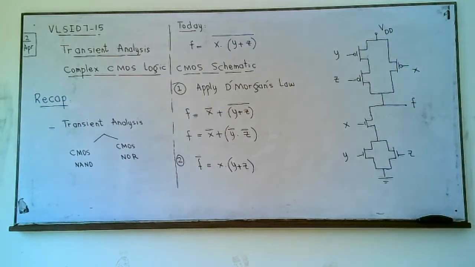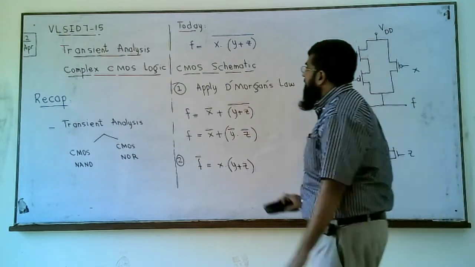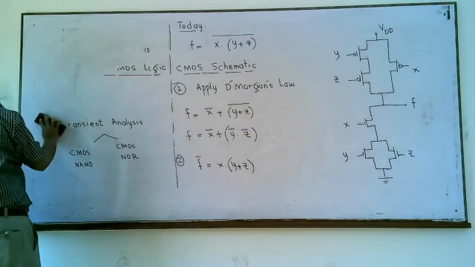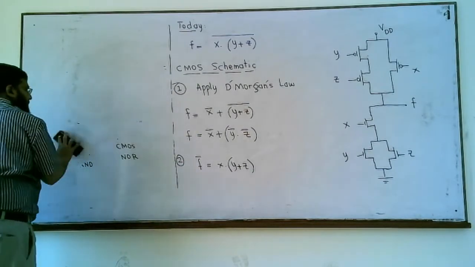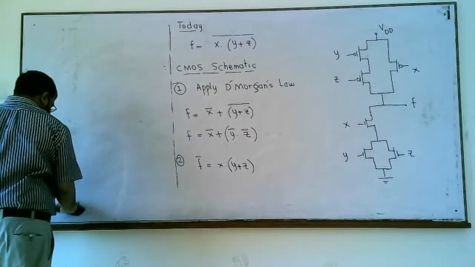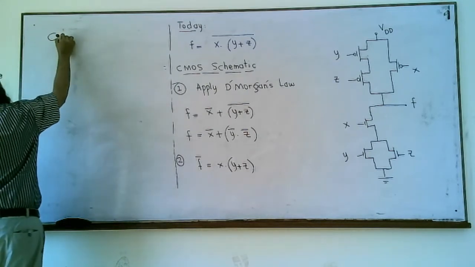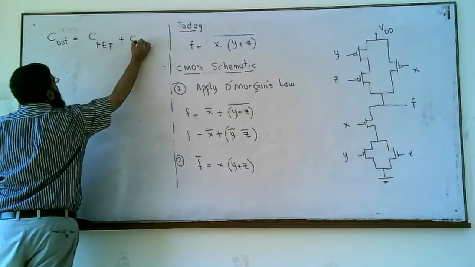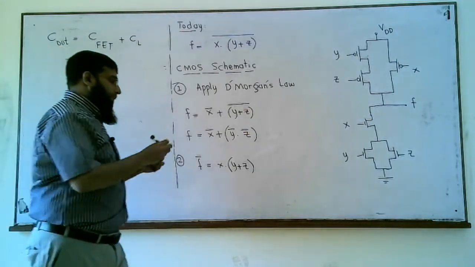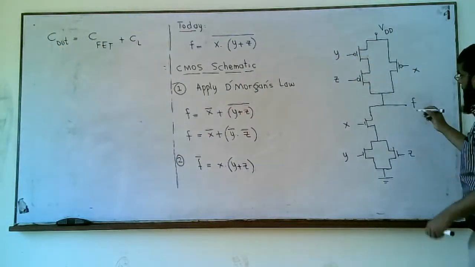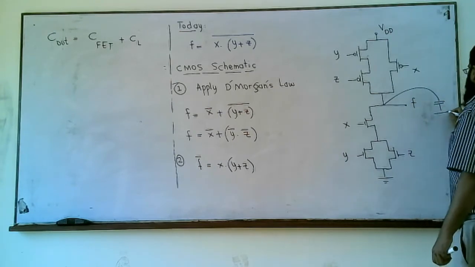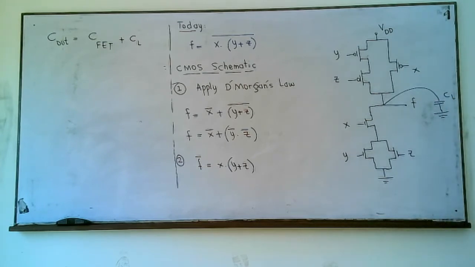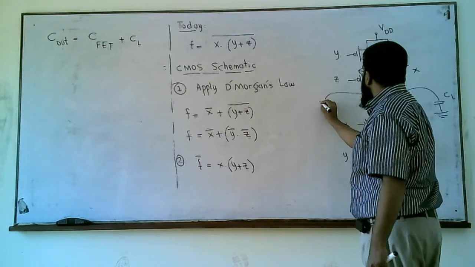Right. So in order to perform the transient analysis for this circuit, we need to see what is the C out. You know, we studied earlier that C out for any gate is the internal FET capacitance plus the load capacitance. The load capacitance is the capacitance of the load this gate is driving at its output. It may be another gate. And the other capacitance is CFET.